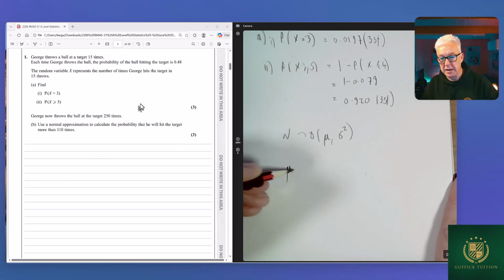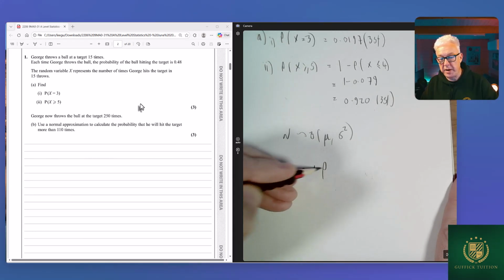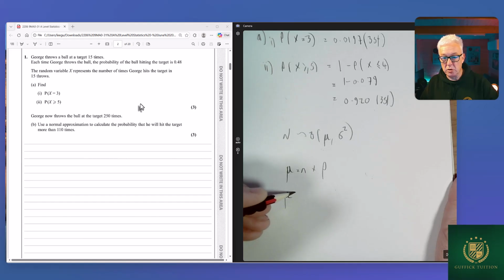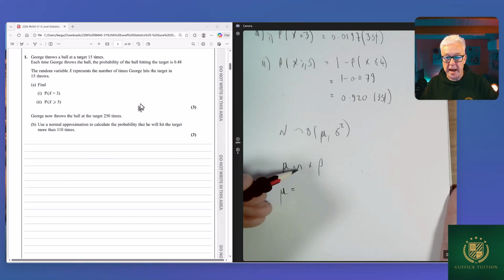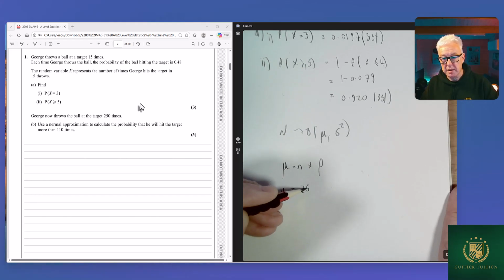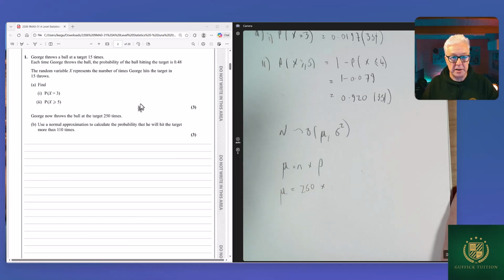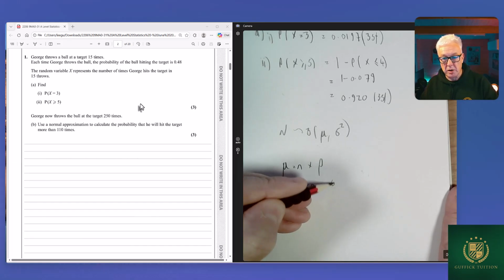And our mean is given by n times p. Now we can use a normal to approximate a binomial when n is large, which it is in this case, 250, and the probability is close to 0.5, which again it is in this case because we've got 0.48.